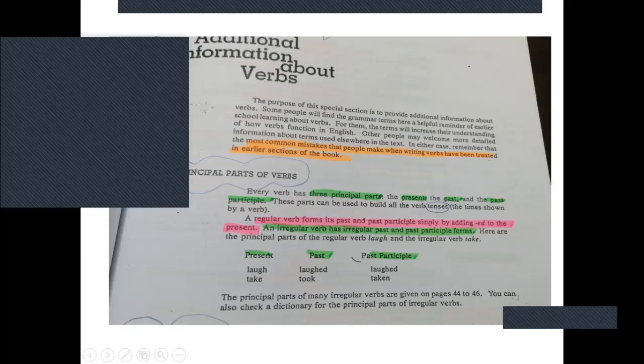We have the verb in the present tense, the past tense, and the past participle. We said that if the verb is regular, then you simply add ed to make it verb 2 or verb 3. But if it's a problematic verb, then it belongs to the irregular verb list that you should be very familiar with. Like take, the past is took, not take it. And taken is verb 3, not take it again, okay?